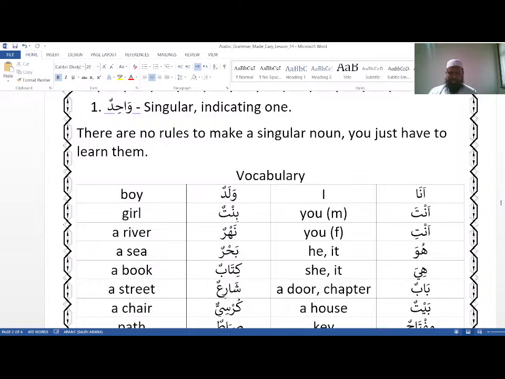Huwa, he, or it, if it is a non-human. Hiya, she, or it if it is non-human. At the same time, let's find the muannas ism as well. Default is mudhakkar, unless we find some rules, or if the ism falls in one of those 5 categories of muannas.